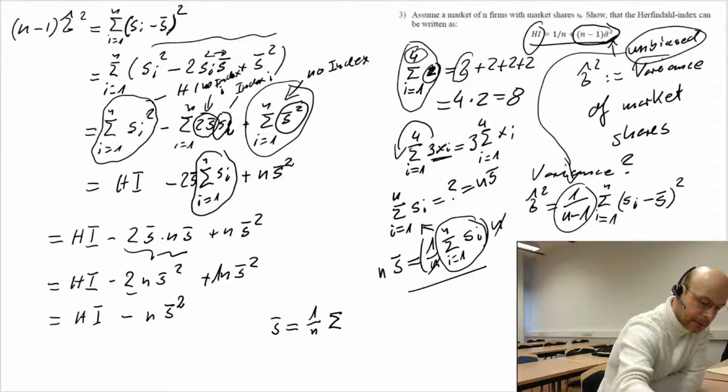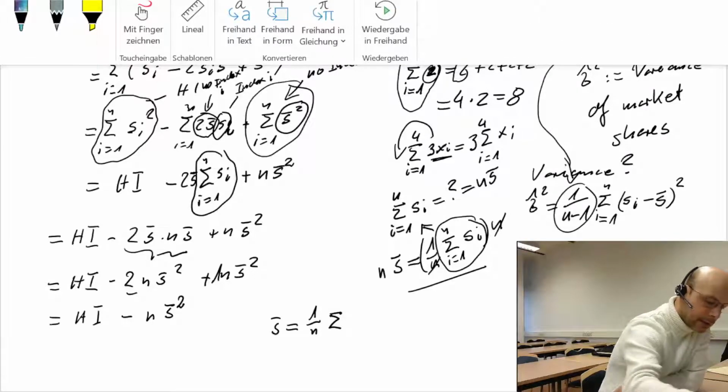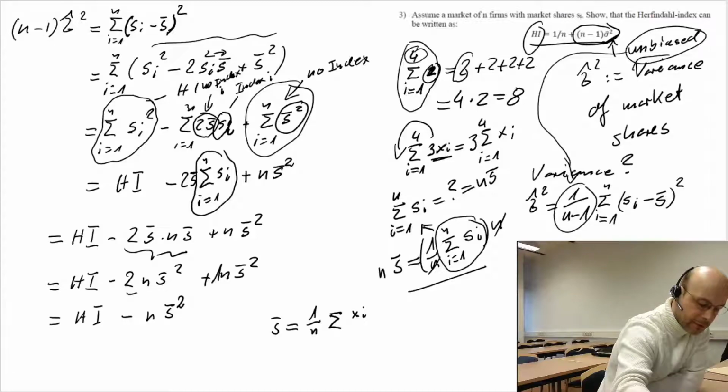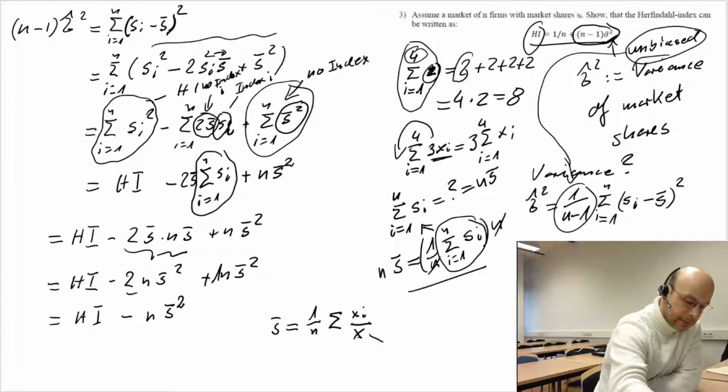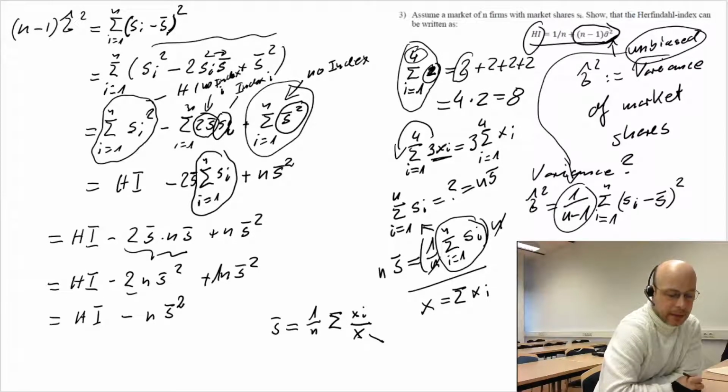Remember, this is the quantity of firm I divided by the total quantity. But this down here, x itself, is the sum of all quantities in our market.